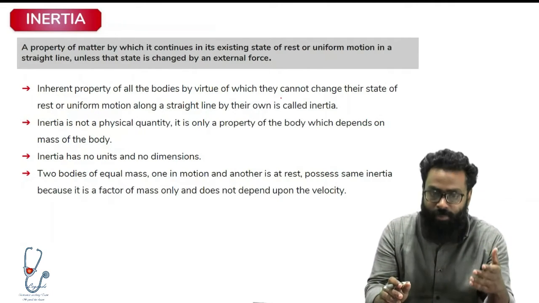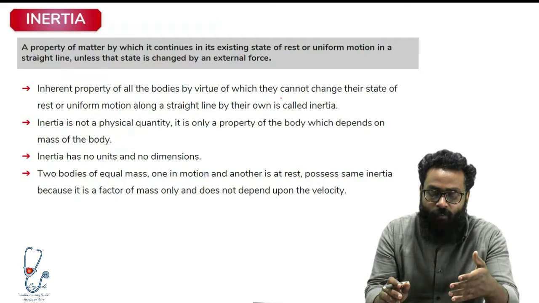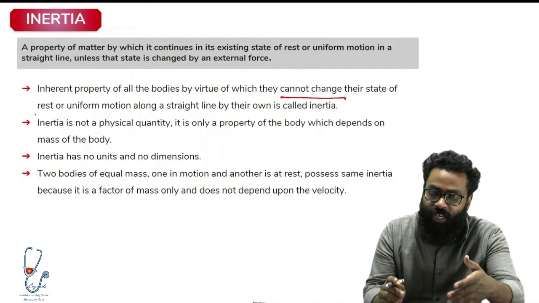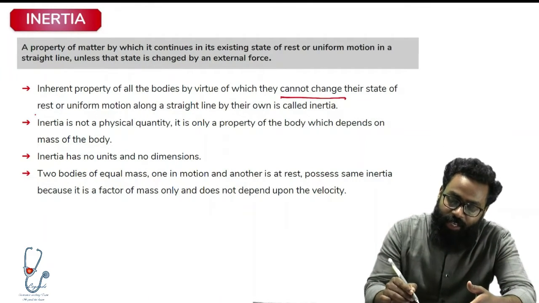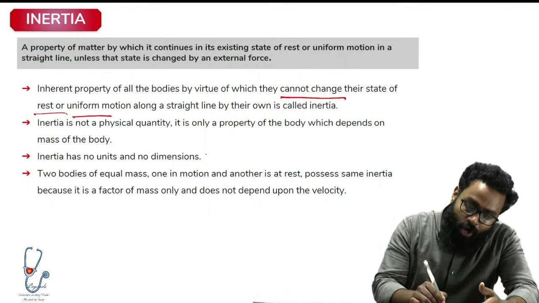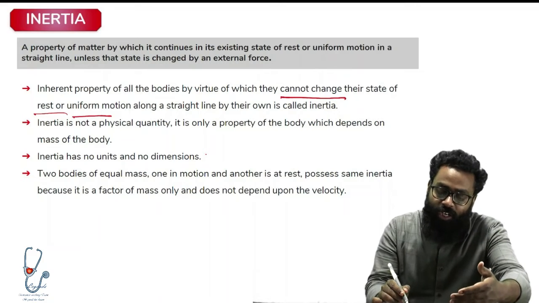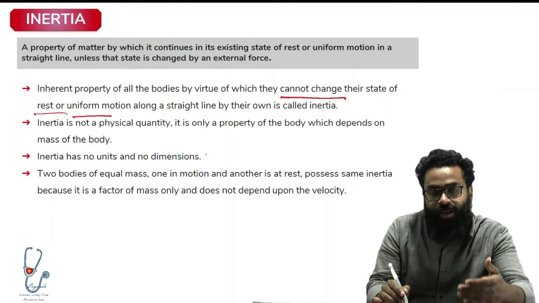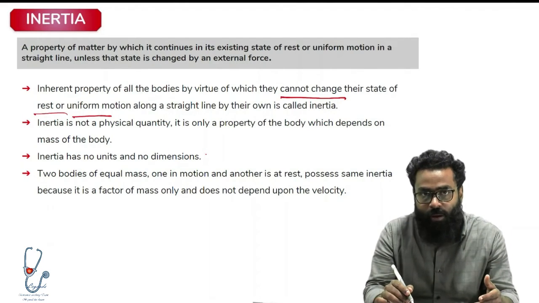You can read it out simply. An inherent property of all bodies by virtue of which they cannot change their state of rest or uniform motion along a straight line by themselves is called inertia.